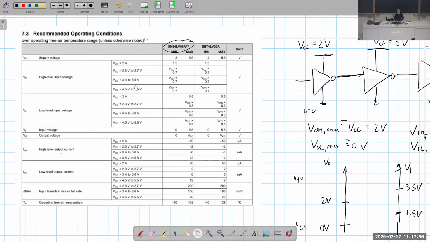Actually, 5 is in this range. The VIH minimum is VCC, so 5 volts times 0.7. 5 times 0.7 is 3.5. Okay? Please?